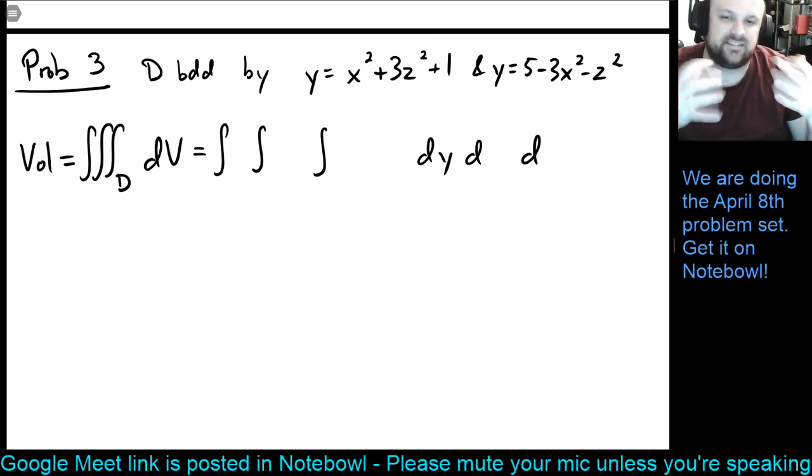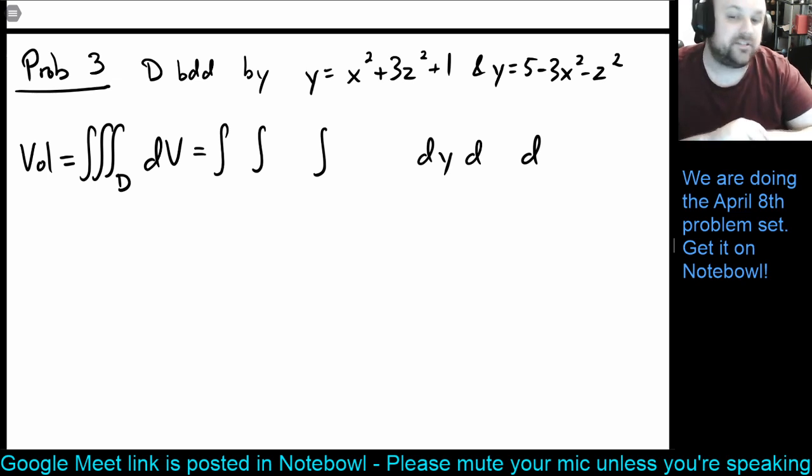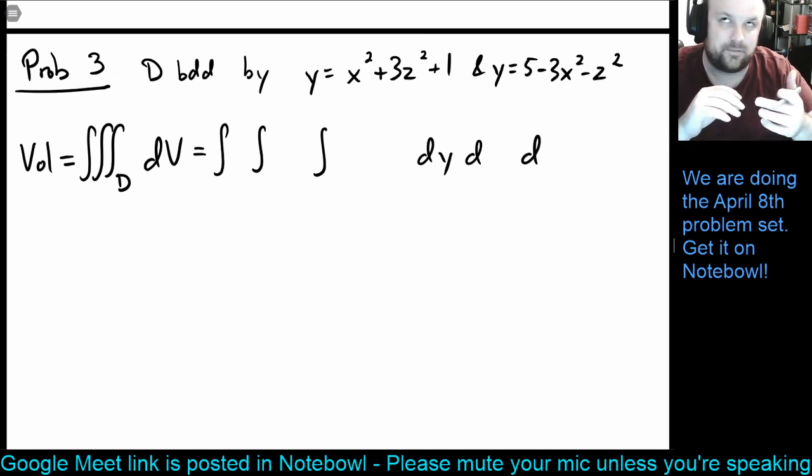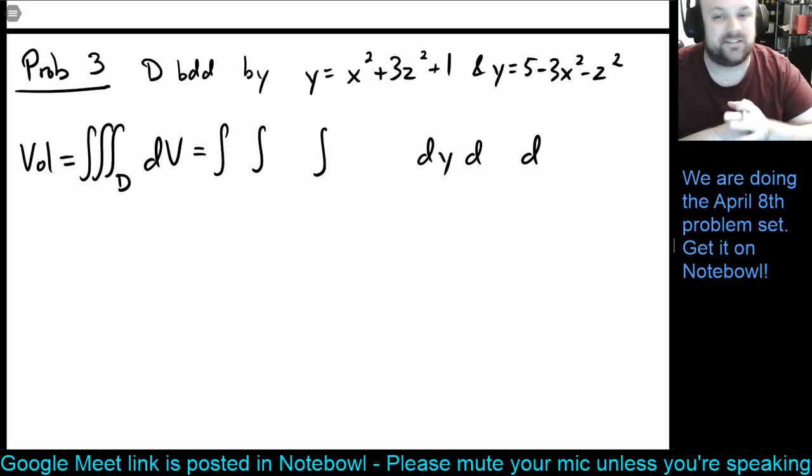Since it's most simply described like that, you want to make those your bounds. Also, if you tried any other variable, this would break into 3 or more pieces, which you probably don't want to do.